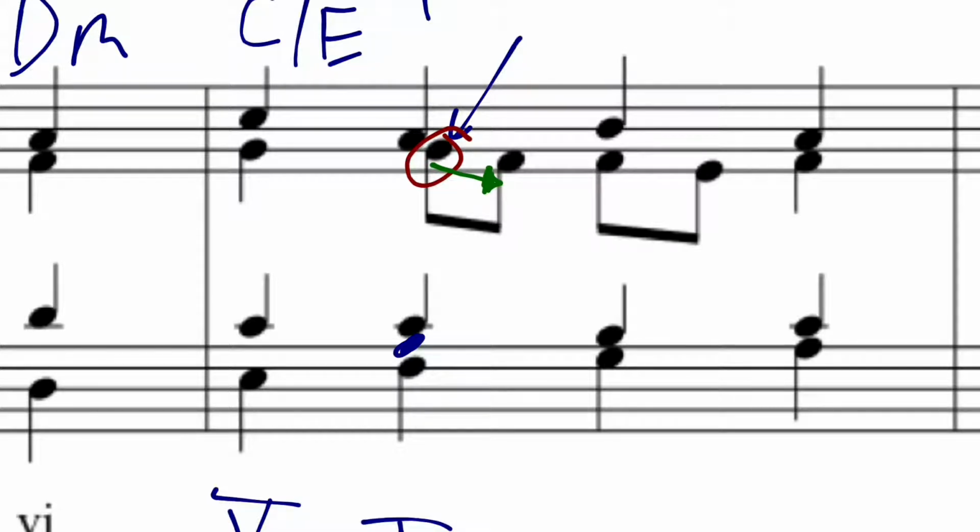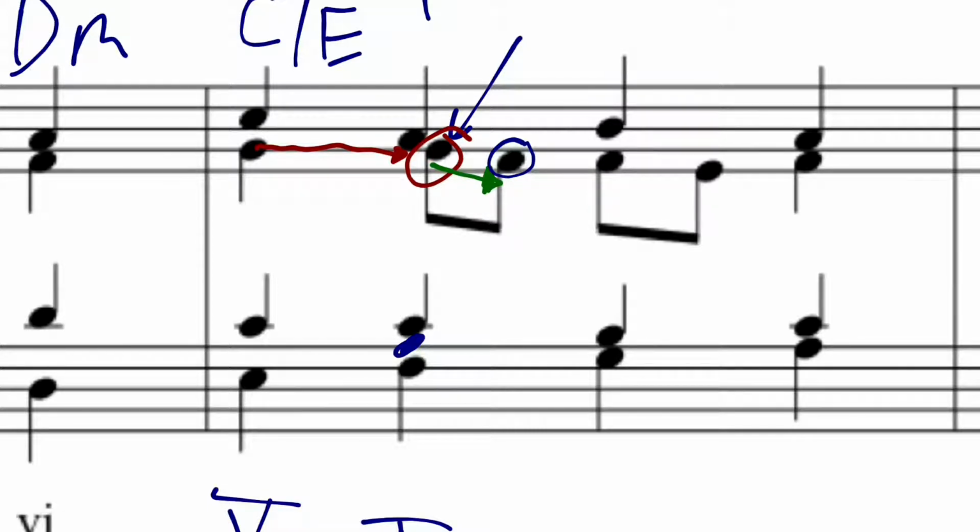So we get to here. How do we get there? We started on a G, then we stayed on a G, and then we moved down, right? We moved down to this chord tone. Because of that, it's a suspension.